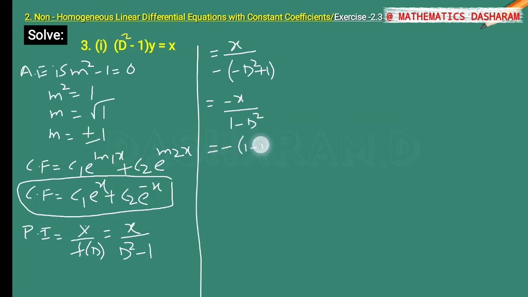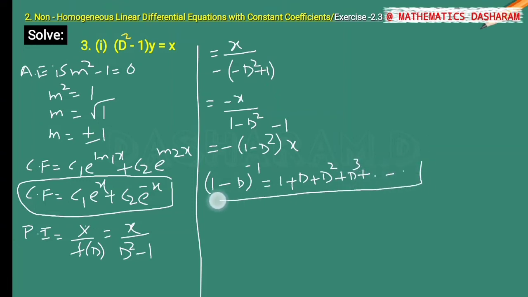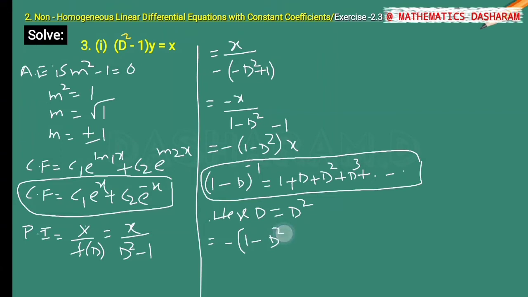So -(1 - D²)^(-1) into x. So here the (1 - D)^(-1) formula is 1 + D + D² + D³ + ... So here in the place of D we have D². So now continue the answer: -[1 + D² + (D²)² + ...] into x.